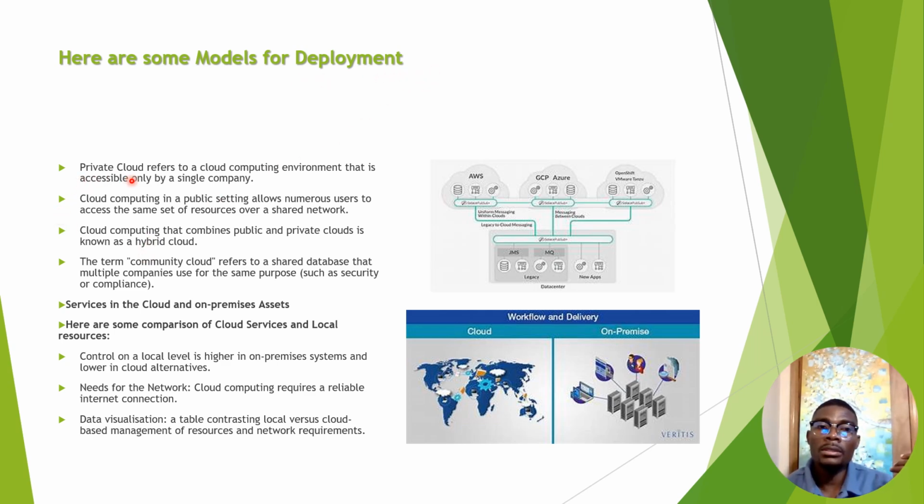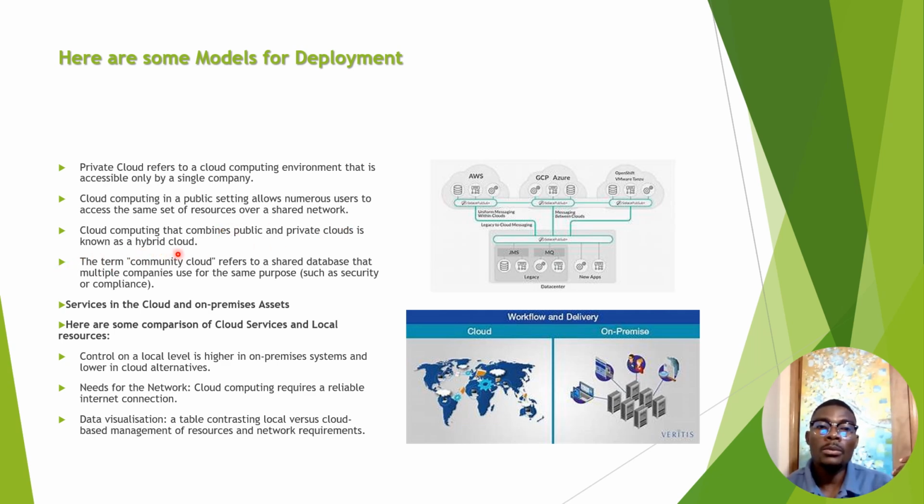We have private cloud, which refers to a computing environment that is accessible only by a single company. We also have cloud computing in the public setting, allowing numerous users to have access to the same set of resources over a shared network.